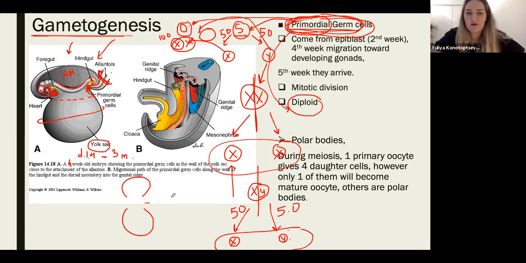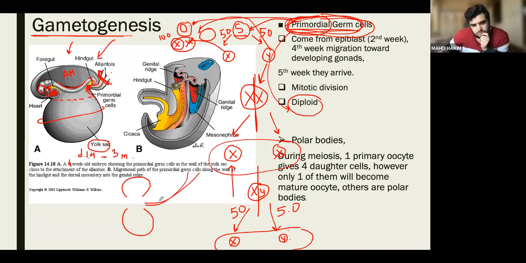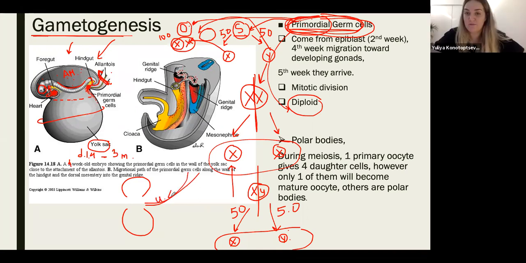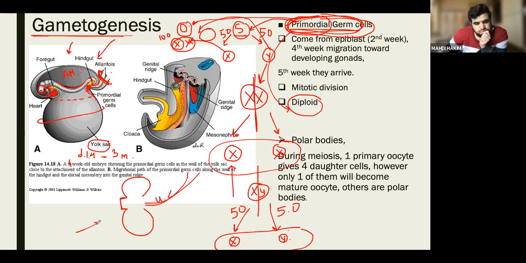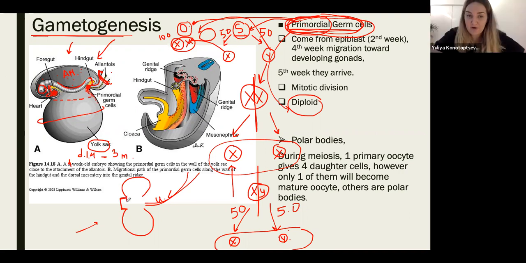What should be here connecting you to placenta? Umbilical cord is right here. In the middle, this is where the embryo should be. This is what we see in this picture when an embryo is 4 weeks old. But this embryo is 2 weeks old, and it only consists of 2 layers. The top layer is called epiblast.